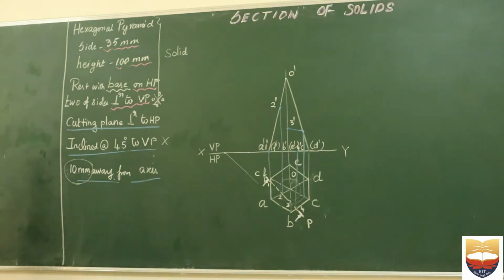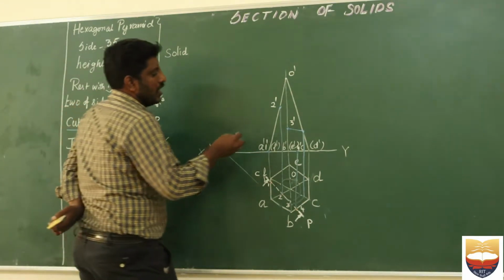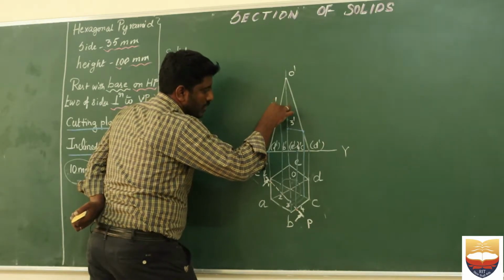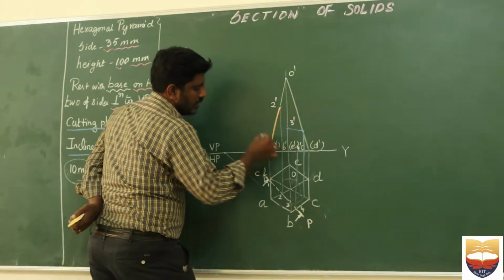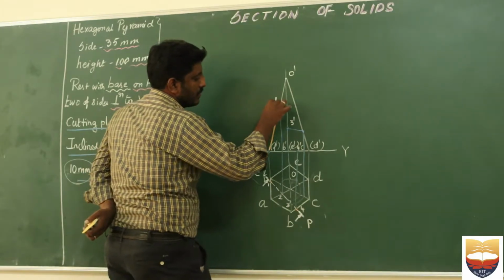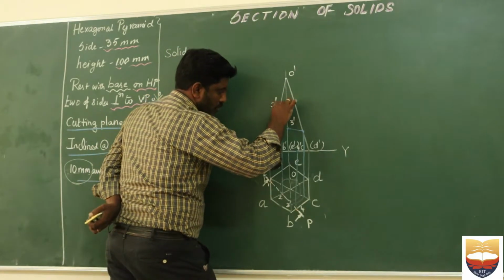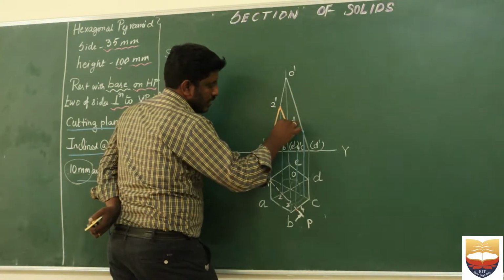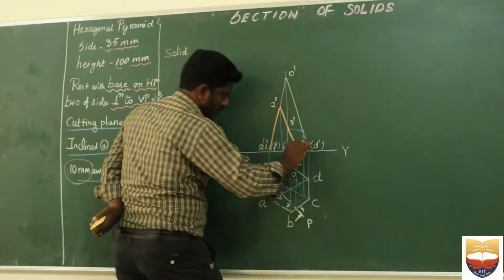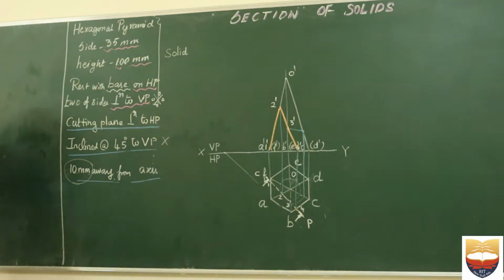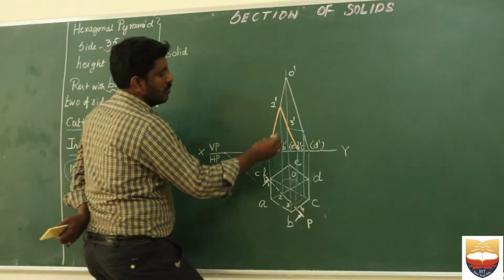Now let us complete this by converting it to a continuous line. See here. So this portion, okay, this portion. So from 2 to 3, then 3 to 4, 1 to 2, 2 to 3, and 3 to 4. Okay, so this portion is removed over here.